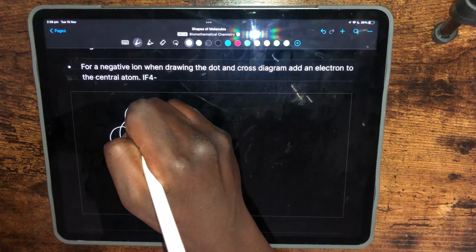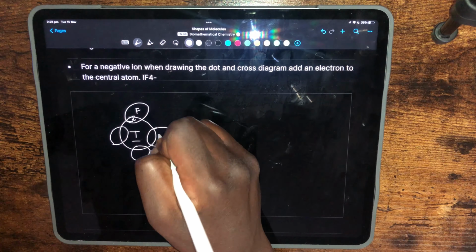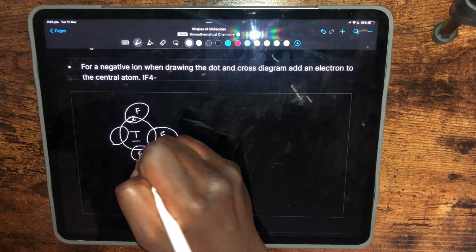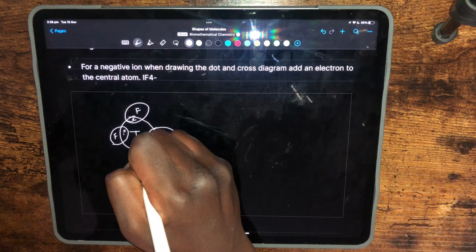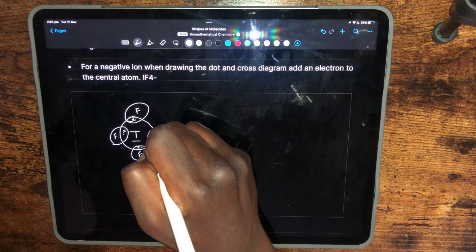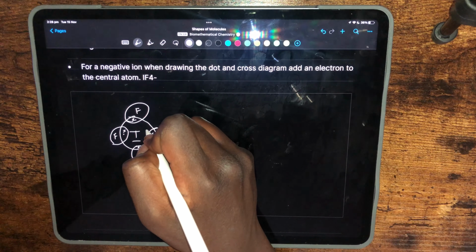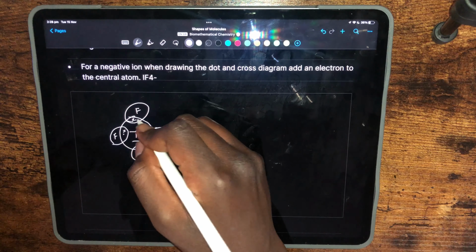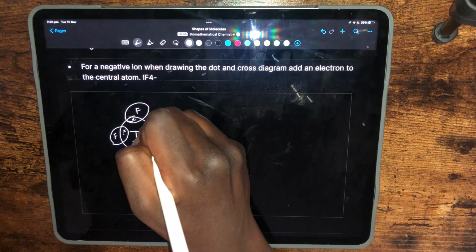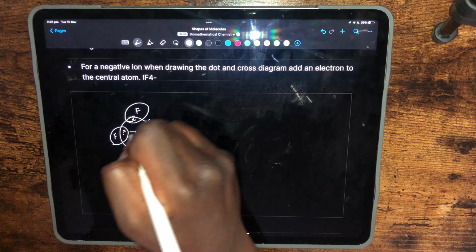So fluorine, right? Because in group 7, you can only gain an electron. But that's 1, 2, 3, 4, 5, 6. Sorry, 1, 2, 3, 4, 5, 6, 7.